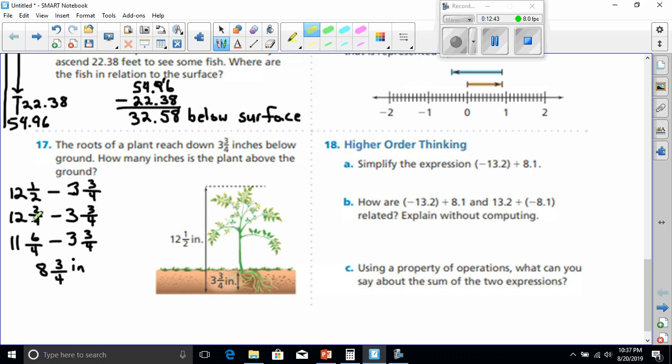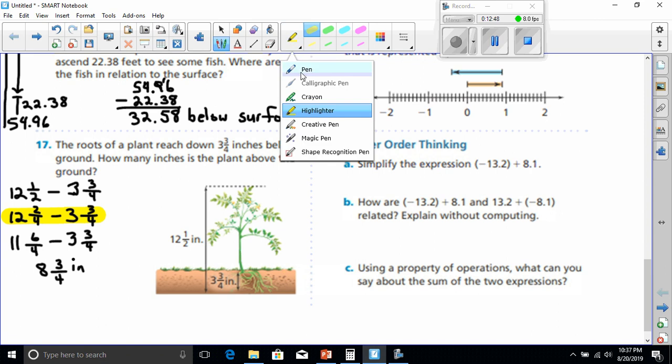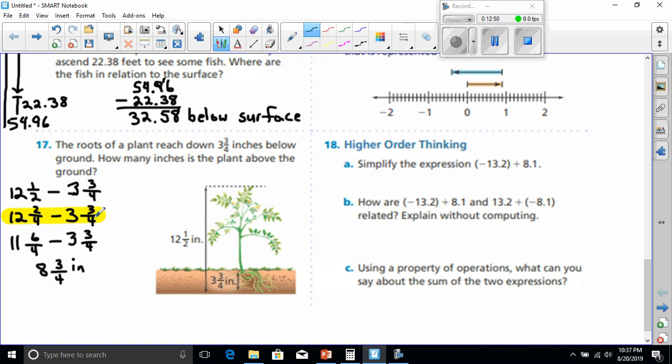If we were at this step here, we could do it differently by saying, okay, I'm going to take 4 times 12 and add 2 to it, all right? And then I'll take 4 times 3 and add 3 to it. And once I have my improper fractions, I can do subtraction and then turn them back into proper fractions. So let's try that.